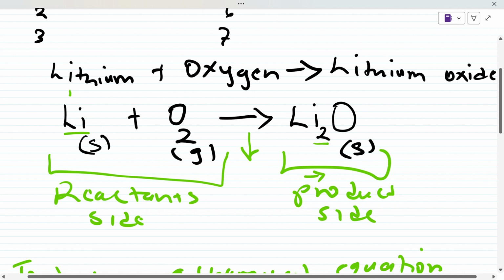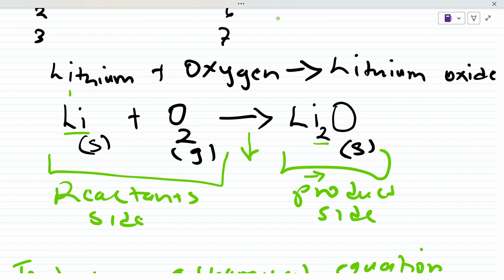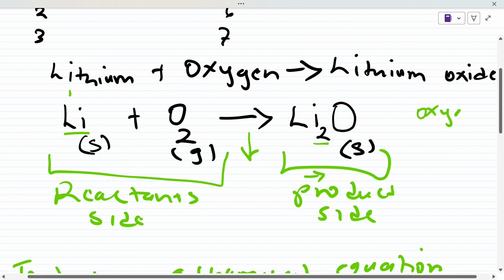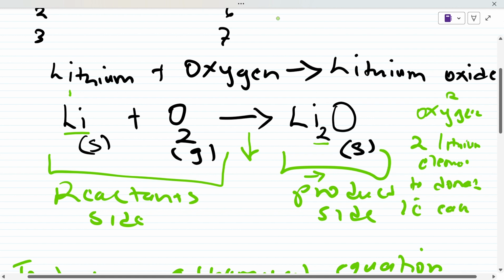This 2 shows that for every oxygen to be stable, I need 2 lithium elements or atoms to donate 1 electron each, because oxygen needs 2.